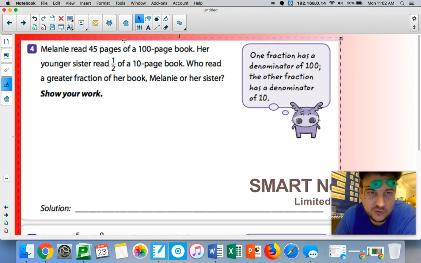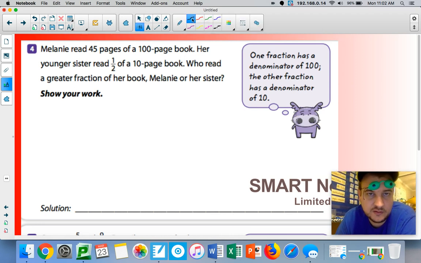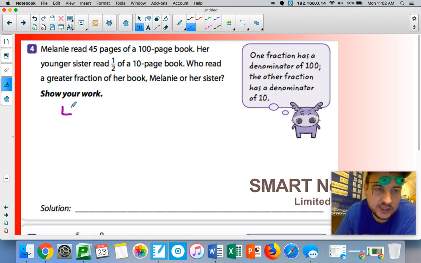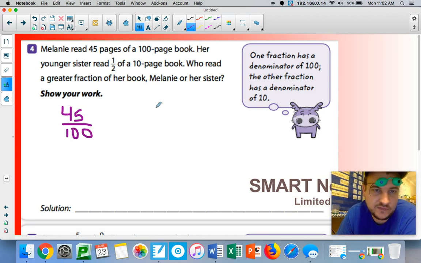Mulaney reads 45 pages of a 100-page book. Her younger sister reads 1/2 of a 10-page book. Who read a greater fraction? So, 45 out of 100. 1/2 of 100 would be 50, or 5/10. 10-page book, she read half of it, so that's 5.